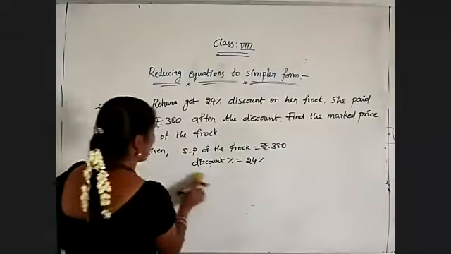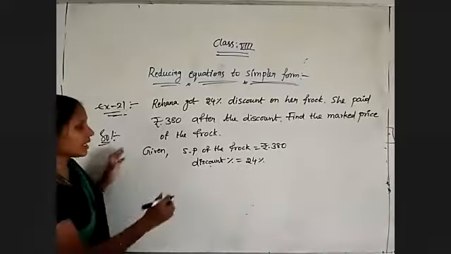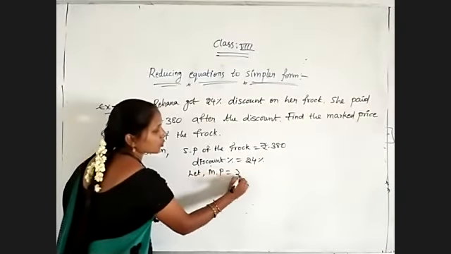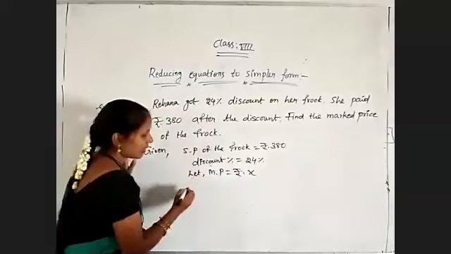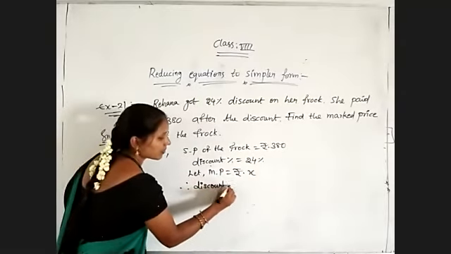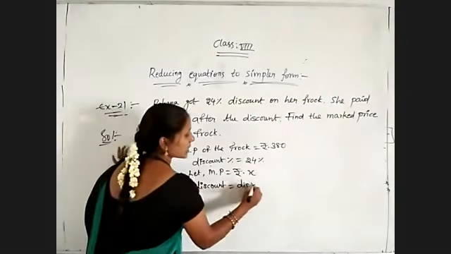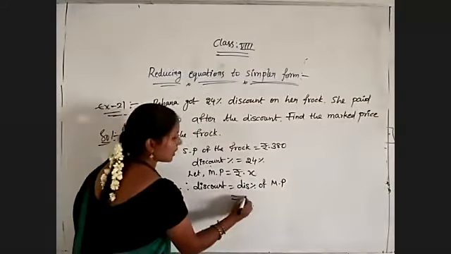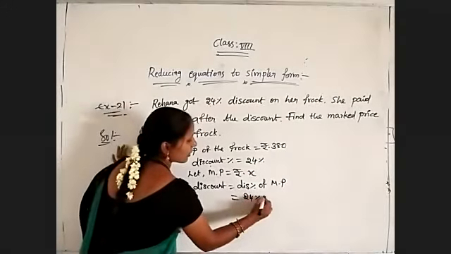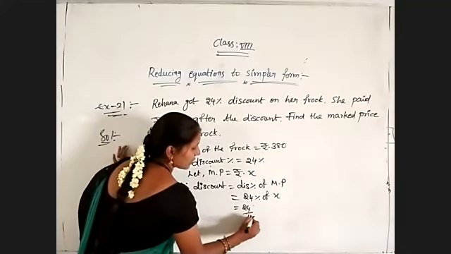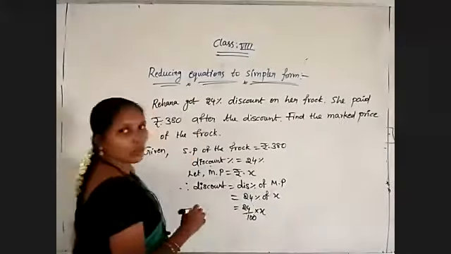So now let the market price be X rupees. Then the discount will be the discount percentage of MP, that is 24% of X. So 24 by 100 into X is my discount.